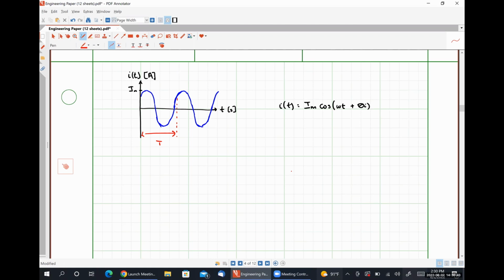So effectively, we know that T is equal to 1 over the linear frequency, and we know that f, our linear frequency, is equal to omega over 2 pi. So that means we have omega over 2 pi is equal to 1 over T. And so T is simply 2 pi over omega.